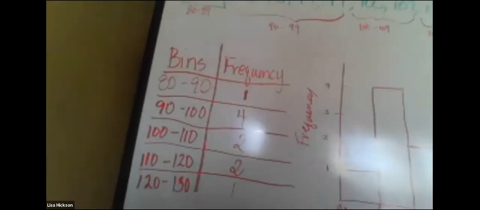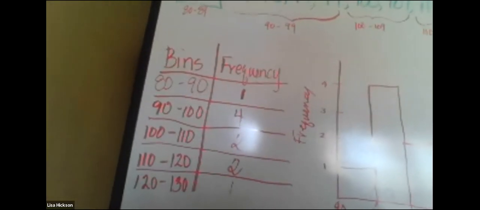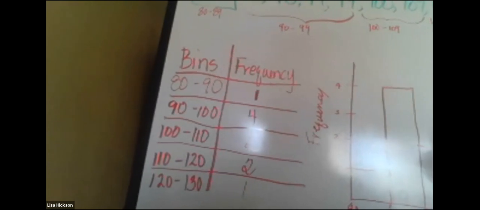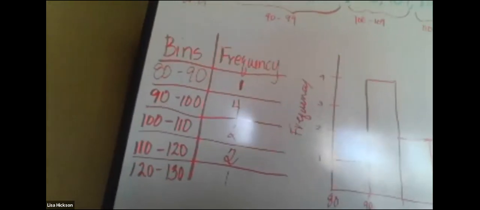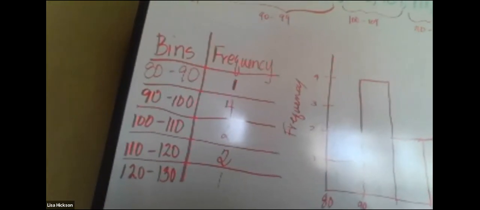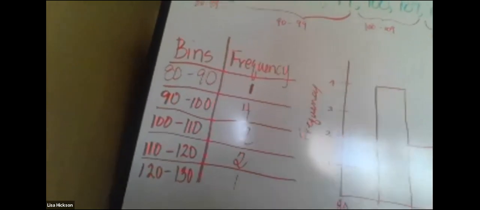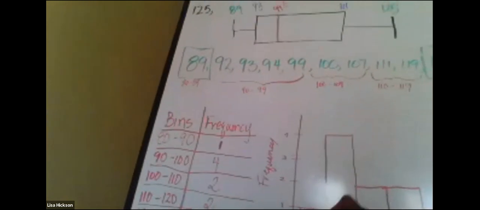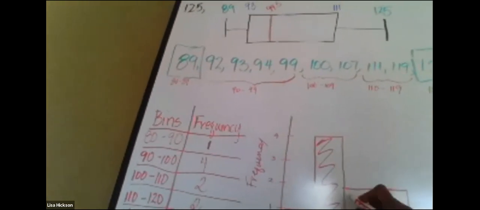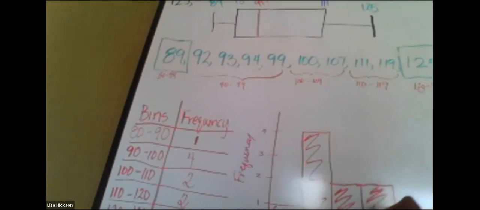Between 110 and 120, there are 2. And between 120 and 130, there is 1. So that's what your histogram would have looked like, and you could color it in if you like.